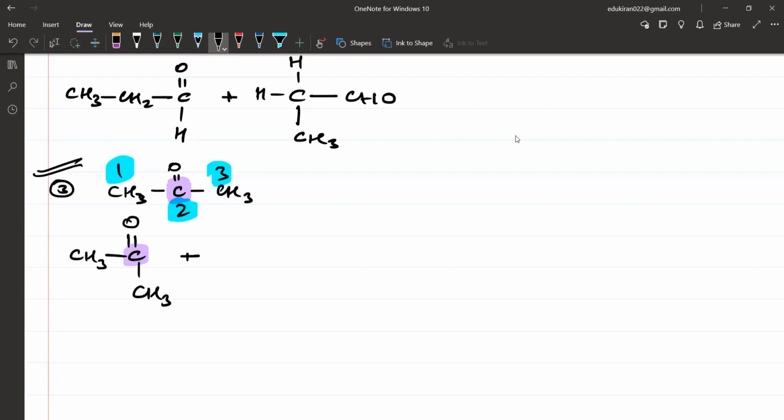Once again, I could not hear that. Well, both of them are attached to the carbonyl group, right? So you say 1 or 3. What will you say? 3. 1 or 3, anything, right?